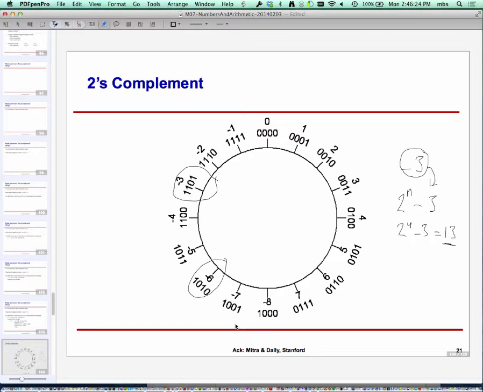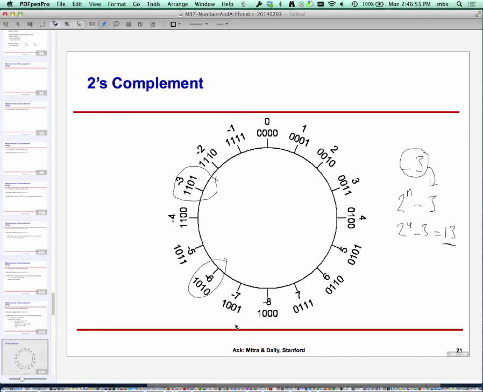Alternatively, I can take roughly half of them and use them for negative integers. So in that case, I will go roughly from minus 2 billion to plus 2 billion. But all I have is 32 bits to play with, so that is not changeable. I have 4 billion distinct combinations. Either I can take all of them and map them to positive integers, or I can map some of them to negative integers. And that's the same game we are playing out here. I have 4 bits.